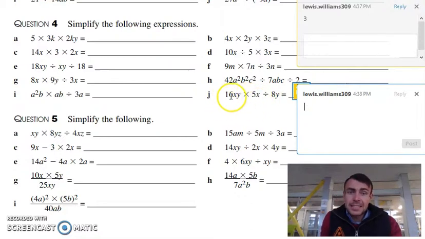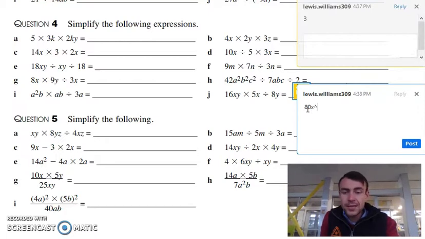So I'm going to do 16 times x times y times 5 times x. I'll do that first. 16 times 5 is 80 times x squared, because x times x, and then that's going to be times y at the end. That's the first step.